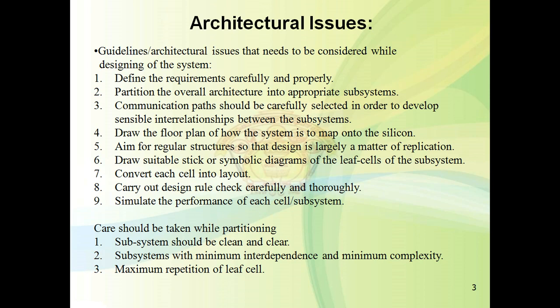Aiming for regular structures means we have to use the same structure a number of times. So we make regular structures, and it is easy to connect one cell to another. For example, there should be VCC line, VDD line, input lines, output lines. So we have to mention the proper places of all the leaf cells so that it is easy to interconnect.